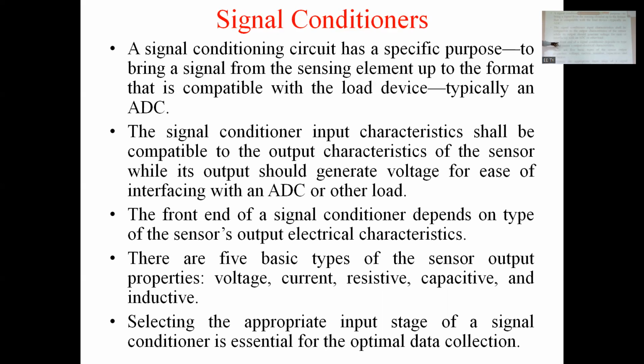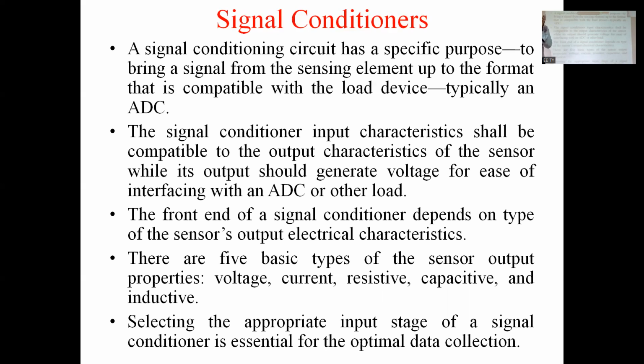Okay, shall be compatible with the output characteristics of the sensor, while its output should generate voltage for ease of interfacing with the analog to digital converter, or ADC, right? Analog to digital converter, or it may be another type of load. So that means the signal conditioner has input characteristics which are the same as the output characteristics of the sensor.